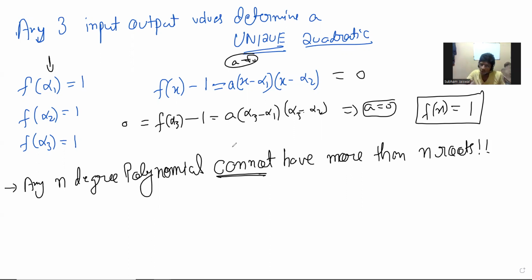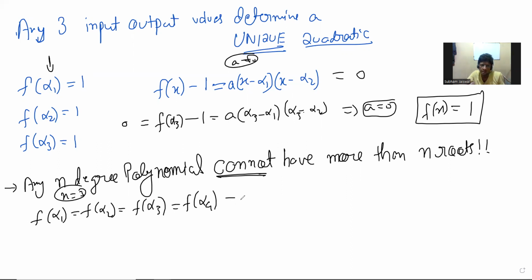Let's just reason it for a cubic. See, if you have a cubic and let's say f is a cubic, okay? So n equal to 3. And let's say that there are 4 roots. Then when I say 4, I mean that these alpha i's are distinct. See, this is some very nice thing, right? If for 4 values it is 0, well, I can just use the factorization, right?